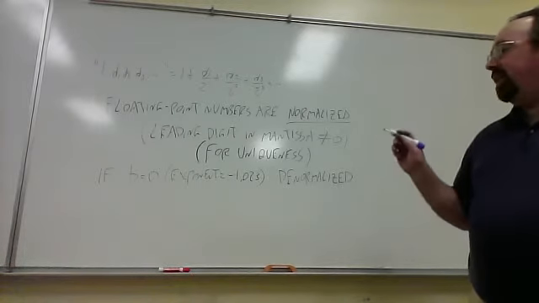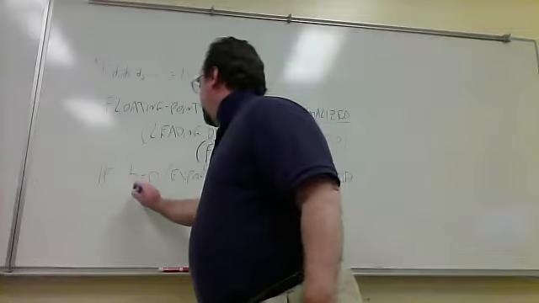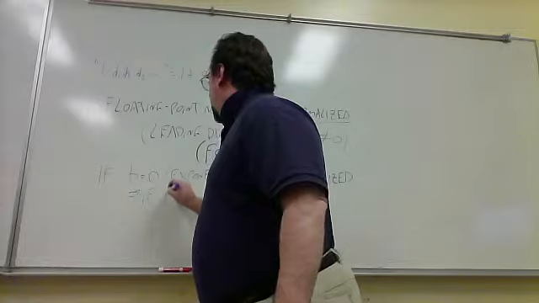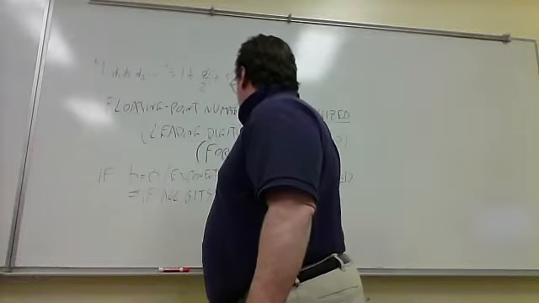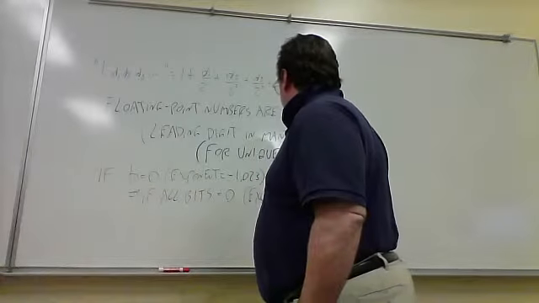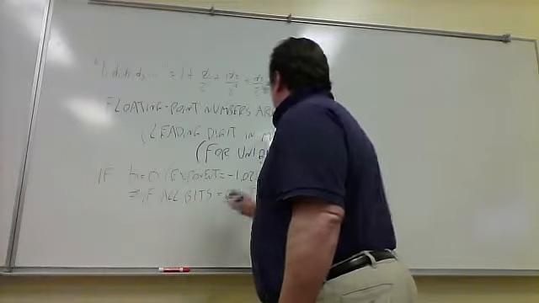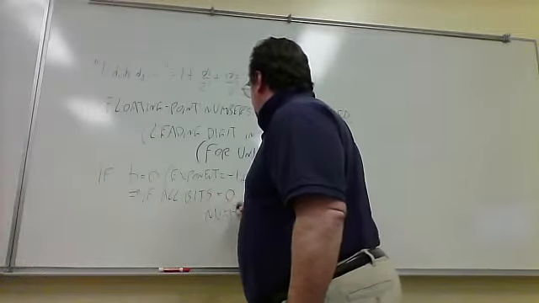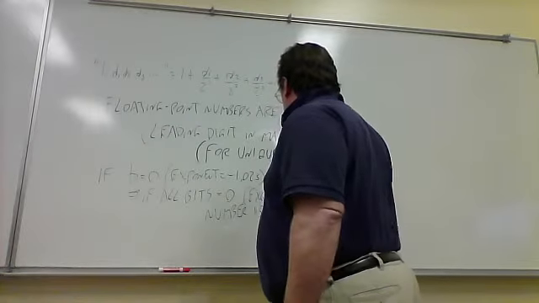So as a result, this means that if all the bits in the number are equal to 0, except for the sign bit, the number that you're representing is 0.